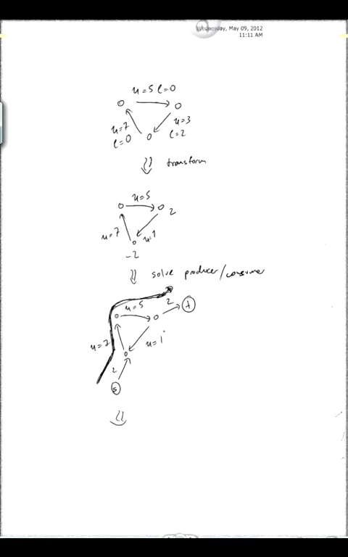Well, the reason is that this 0 right here is the y prime. And so we have to map it back to the y to actually get the feasible answer in this original problem. So you have to just do the transform back to the original variables.